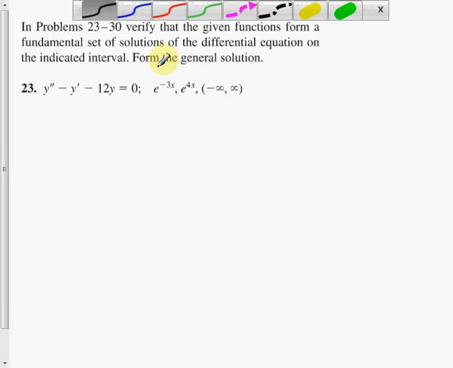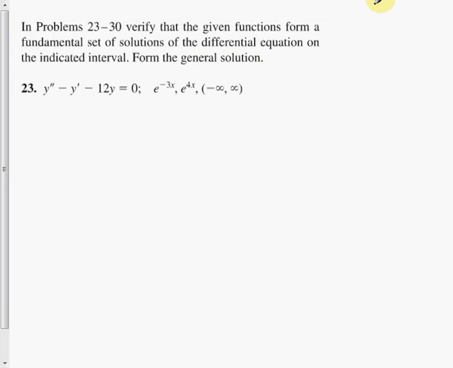And so then it says form the general solution. Let me ask this to see if I can pick your brain. How will we be able to form the general solution? What concept would we use?